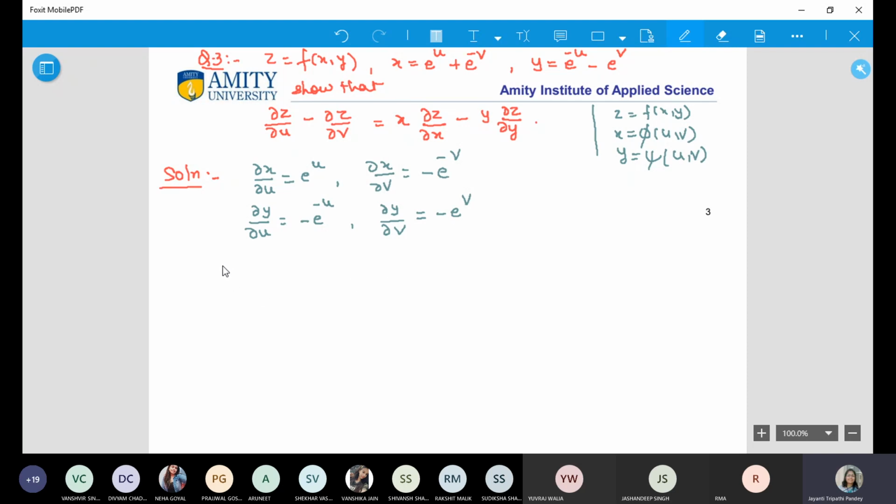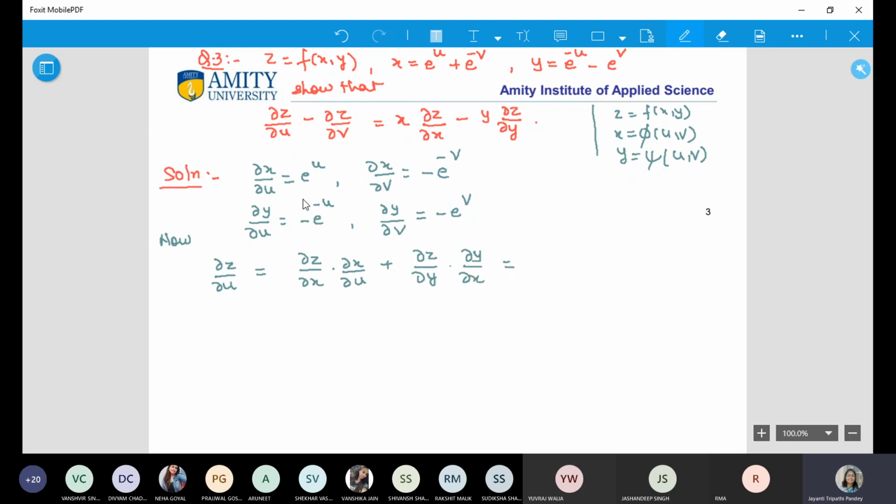Now, when you write del z by del u, you will write it as del z by del x, because it's a chain rule. Del z by del x into del x by del u plus del z by del y into del y by del u.